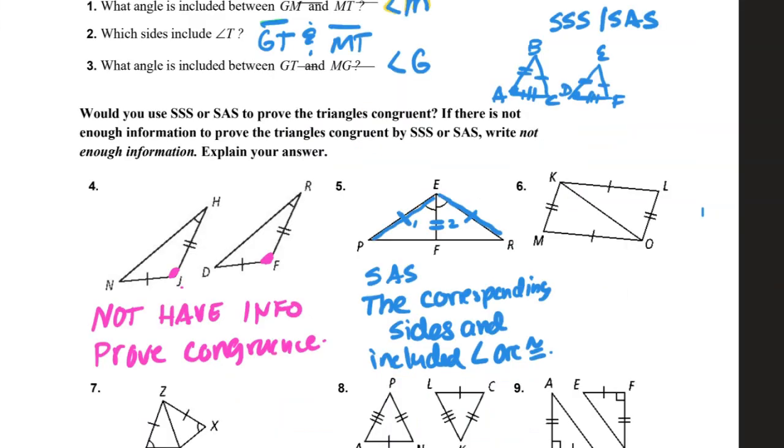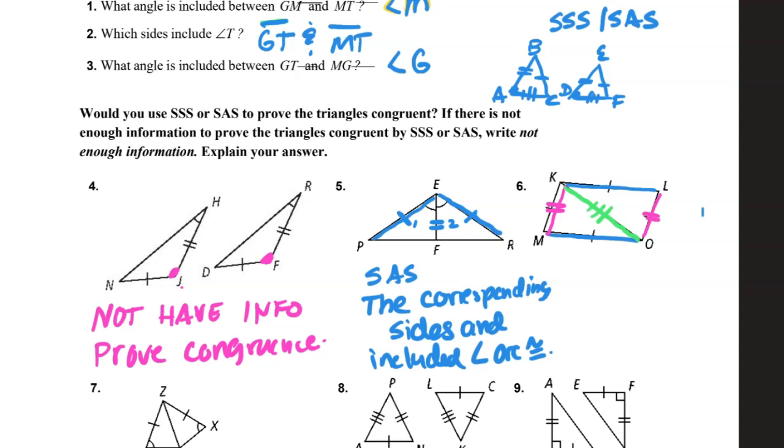Number 6, we have the following information. This side is congruent with this side. This side is congruent with this side. And the two triangles do share a common side.